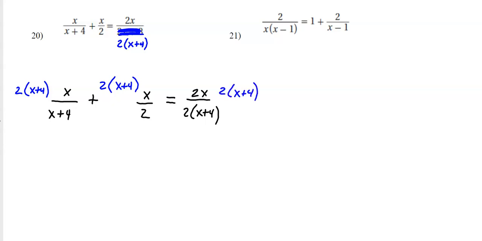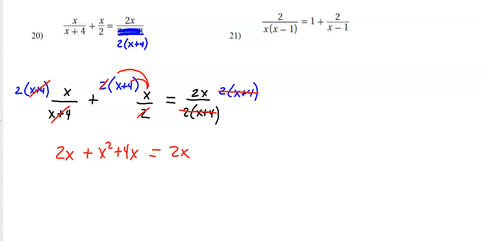And what should happen after this step is all the bottoms should disappear. So let's start canceling out. X plus 4, you're gone. So I'm left with the 2x. Over here, the 2 and the 2 are gone. So I'm left with an x squared plus 4x, because I had to multiply that through. Over here, the entire bottom cancels out, and I'm just left with a 2x.